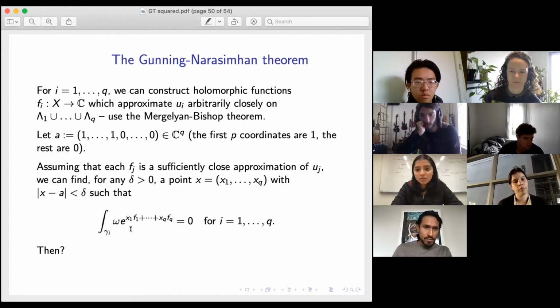Now, why can we do this? It actually just comes from Hurwitz's theorem, from elementary complex analysis. And there we are, we're almost there.